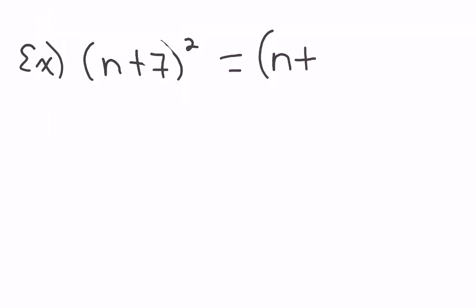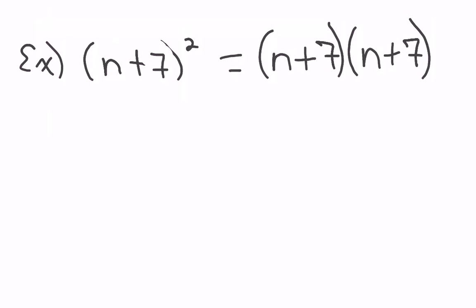Our next example is going to be the quantity n plus 7 squared. And so for this one, we have to remember that it's not that we give each one the 2 as an exponent, but that this is equivalent to n plus 7 times n plus 7.